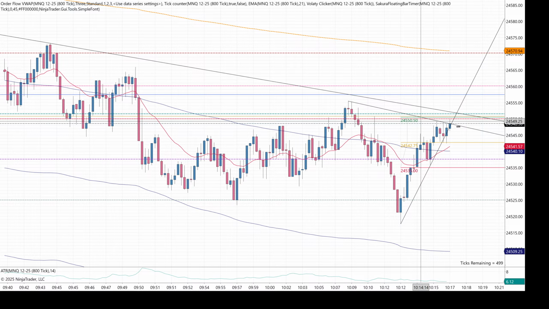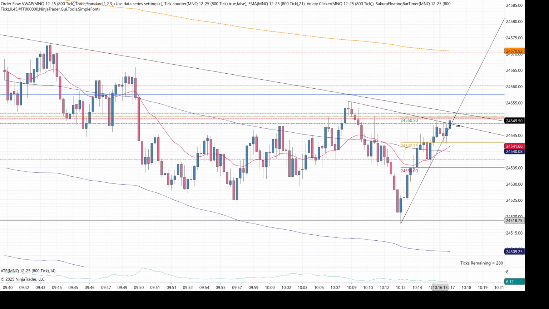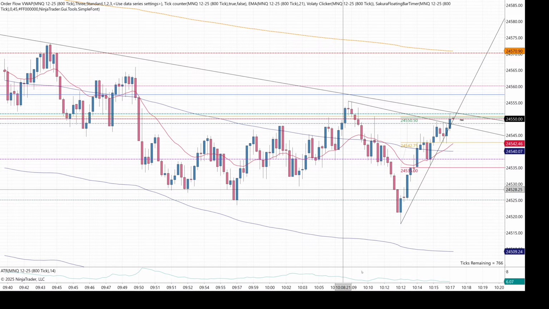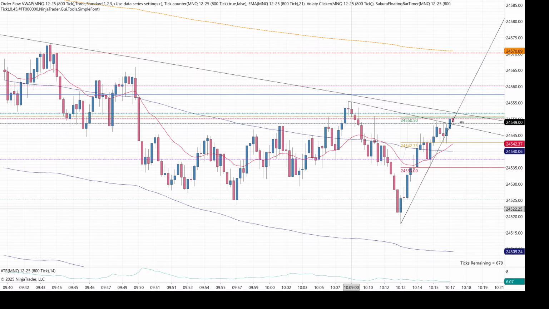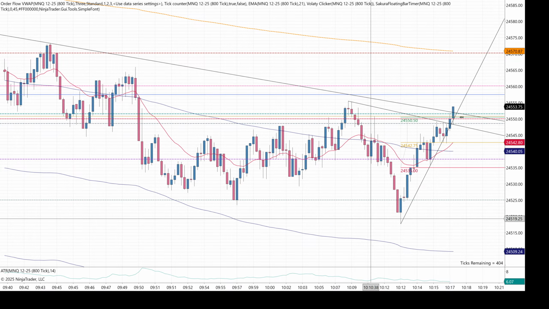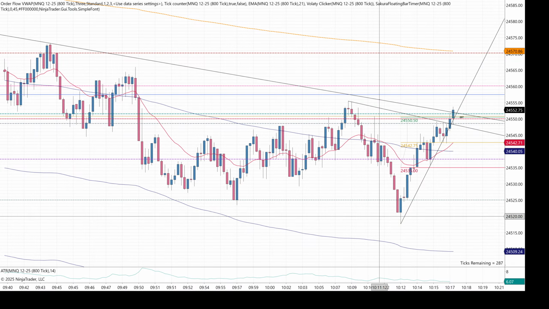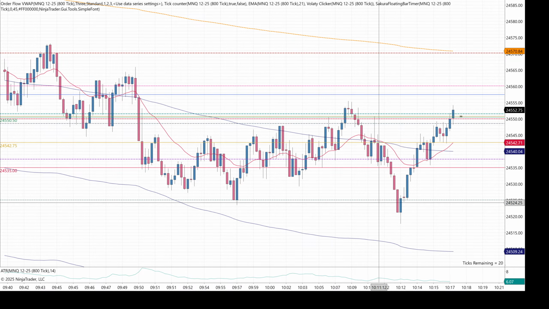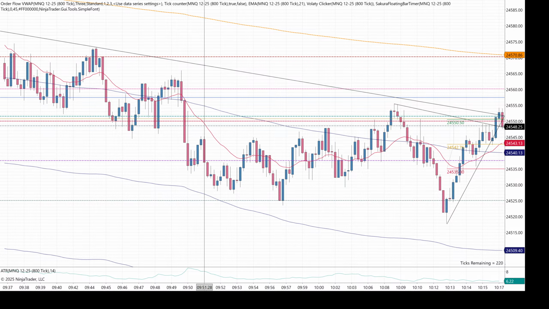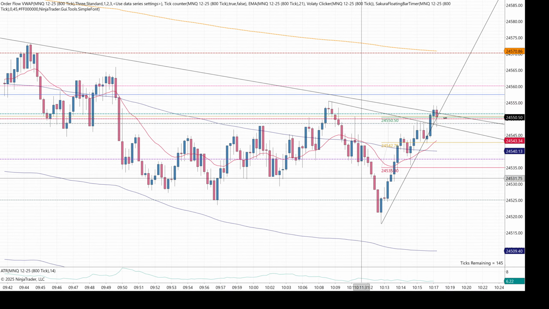Man, I marked my target perfectly, huh? Earlier at 49. Now it's actually hitting it, so that's good. Okay, refreshing again. Okay, the runner is running.